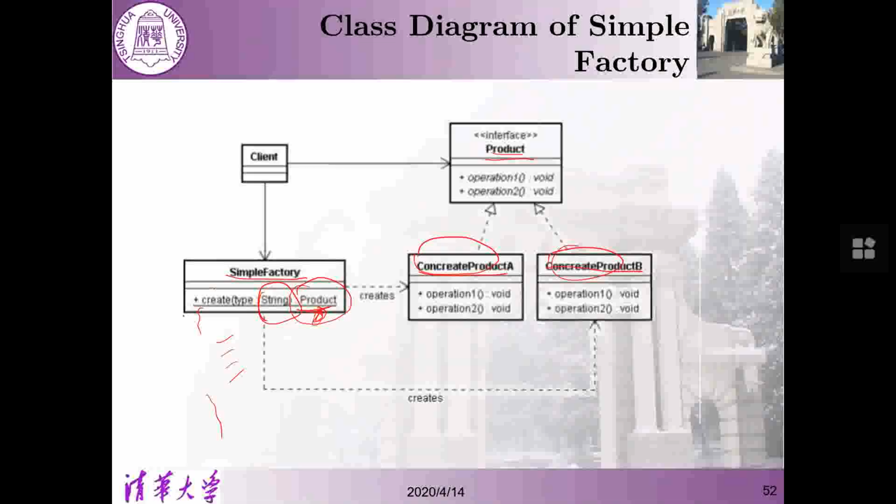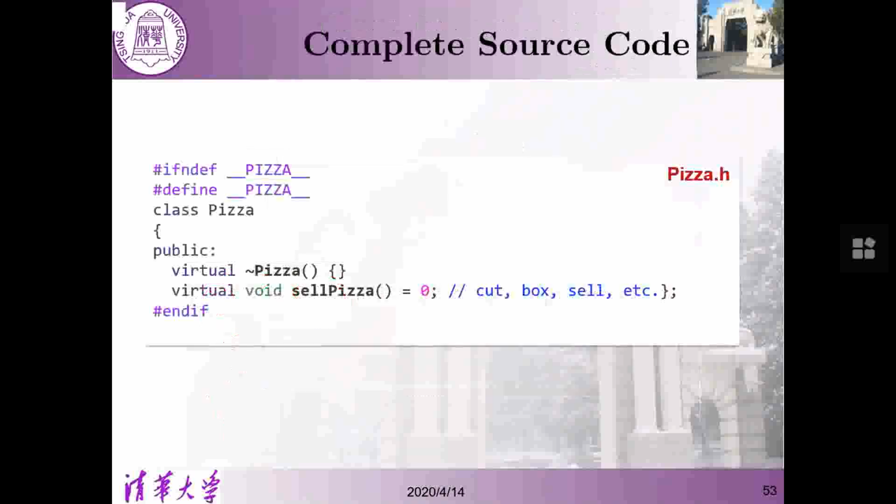Otherwise, we cannot have one function, because we would have to return different products with different object types. So this one function does not work, it's not possible. But by returning this interface class pointer, then it works. Okay, so this is the class diagram of the simple factory, and here is the complete code.